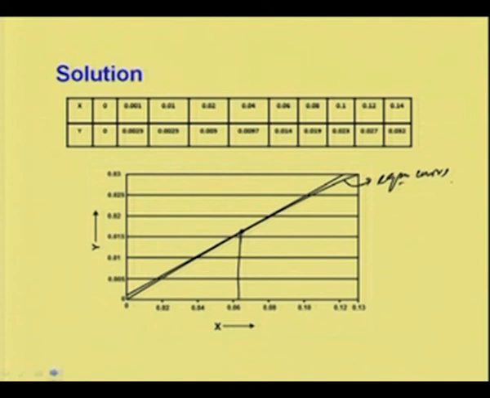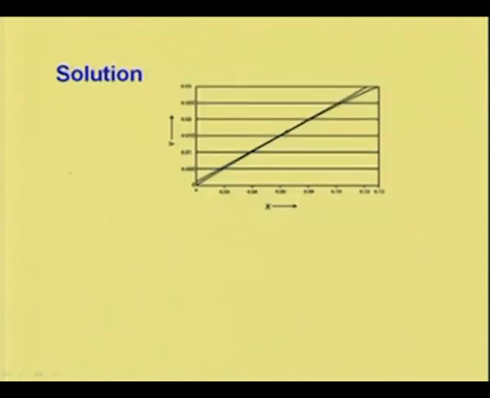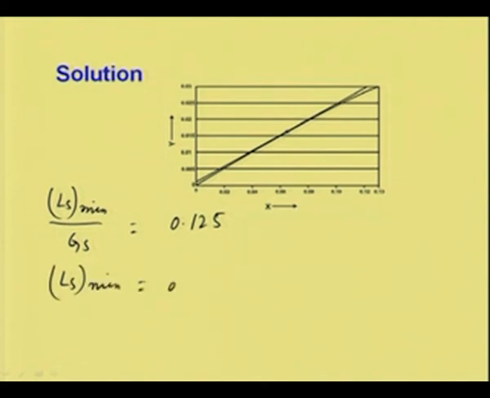From this we can calculate LS min by GS, which is around 0.125 from the figure. So, LS minimum will be 0.125 multiplied by 48.5, which is about 6.06 kmol per hour. So, thank you.